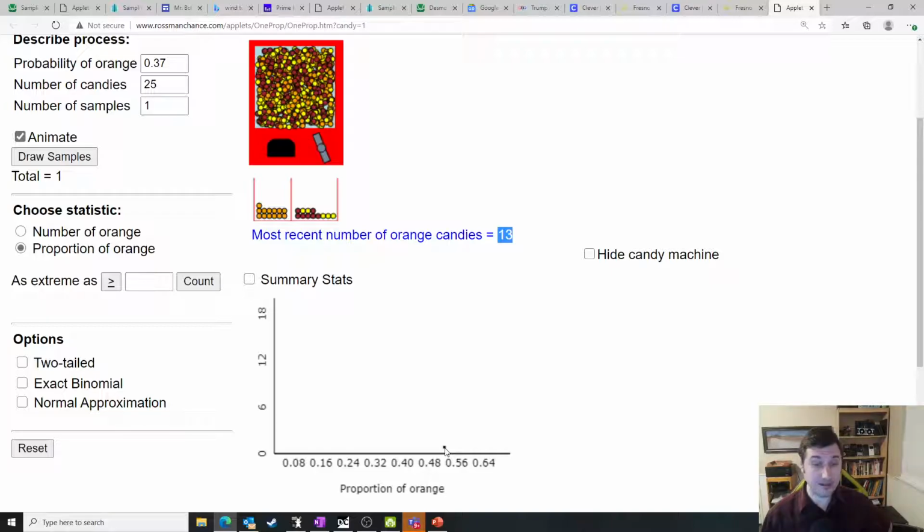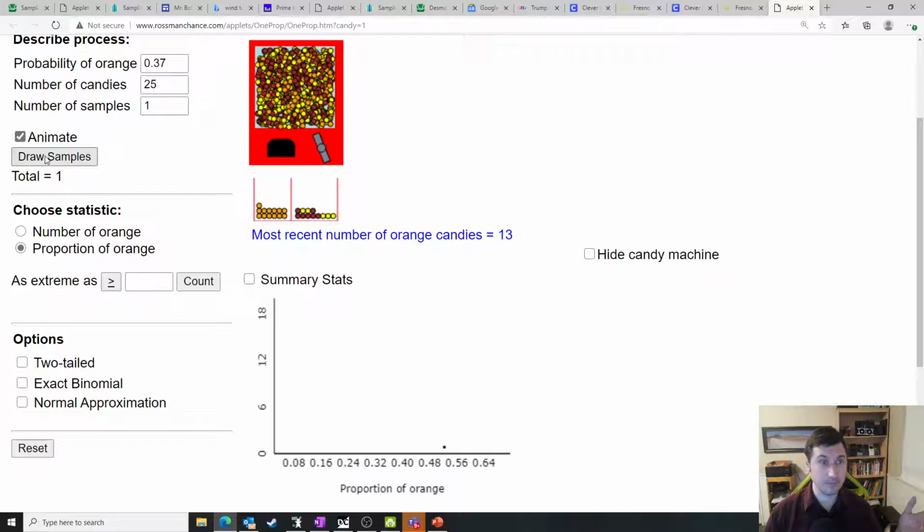The dot in the dot plot represents an entire sample. Not an individual, but an entire sample. So this dot right here represents the proportion of orange in an entire sample of 25 Reese's Pieces.